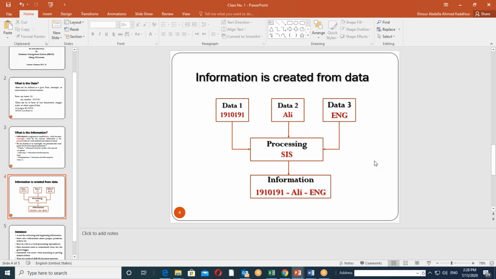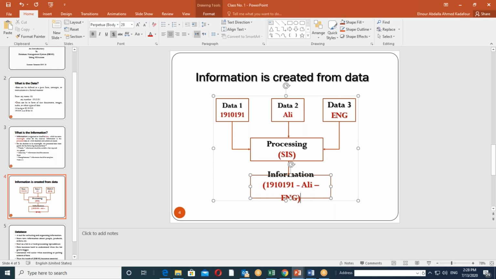Then I need what? I need an application. For example, SIS is an application. We put these three pieces of data together to get the full information picture. This is a record of the student Ali, or of the student having the ID 1910191.